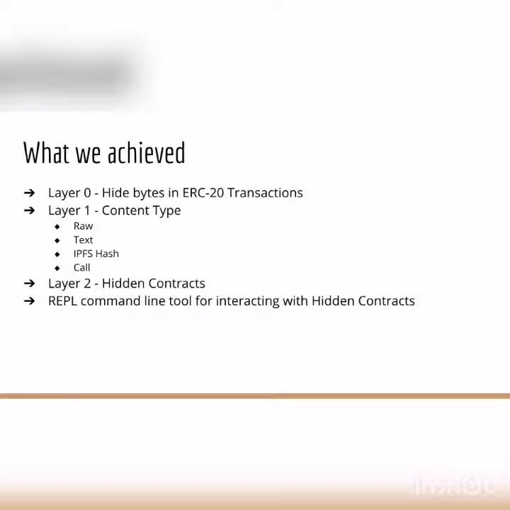This call will be execution for hidden contracts that we will see in advance. At the third layer, we have hidden contracts. These contracts are no more than JavaScript code that can be replicated with different calls. We will see that in advance. And a command line tool that will let you interact with hidden contracts just using your command line.